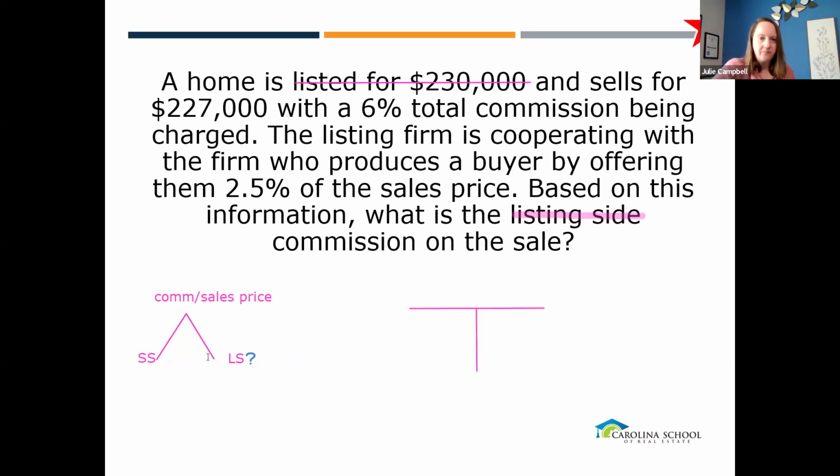So I know the listing firm is cooperating with the firm who produces a buyer by offering them 2.5%. I've got total commission is 6%, and I have a sales price of 227,000. I'm going to give you 2.5%. If the listing firm is giving the selling firm 2.5%, how much is the listing firm going to keep for themselves? And you can tell me in the chat or on mute.